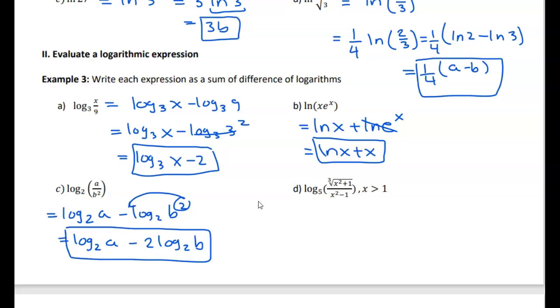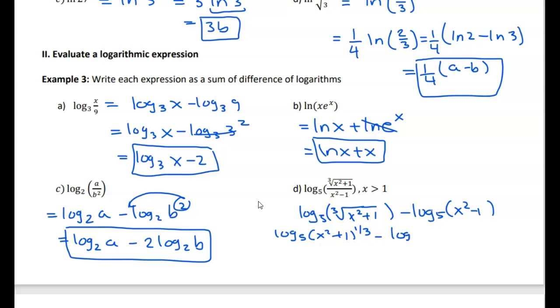Let's look at this one. So we have a quotient, so let's split up log base 5 of the cube root of x squared plus 1, minus log base 5 of x squared minus 1. Let's rewrite. So this is x squared plus 1 to the 1/3, log base 5.